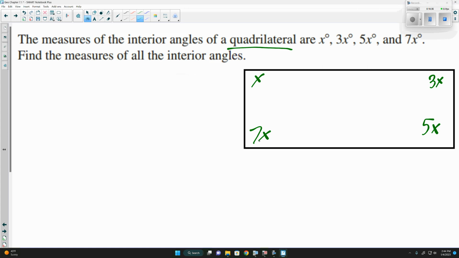Well, what do we know these 4 angles add up to be? So we can say x plus 3x plus 5x plus 7x is 360. Sum of the interior angles of a 4-sided figure is 360. Now we can add all these together.